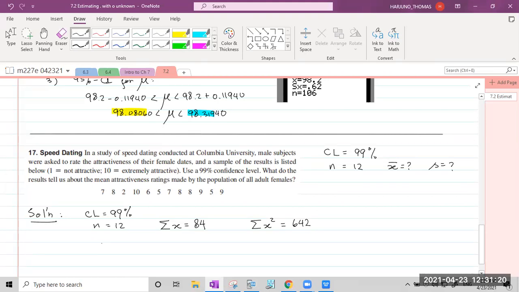Okay, so the sample mean will be 84 over 12. I think that's exactly 7. And the sample variance will be sample size times the sum of x squared minus the sum of x, being squared, over 12 times 11.